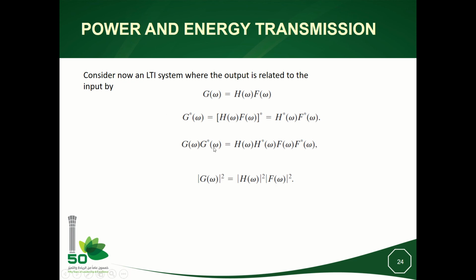So this, by definition, is the magnitude of G(ω) squared, and here we will have the magnitude squared of H, and here we will get the magnitude of F squared. As a result, the E_G(ω) will be |H(ω)| squared times E_F(ω). Okay.